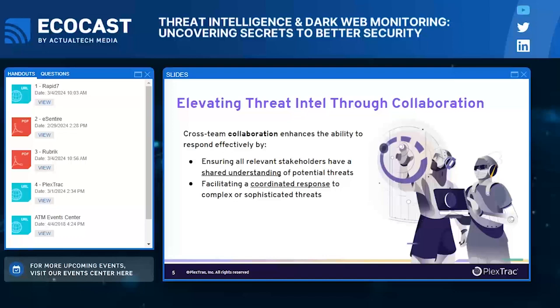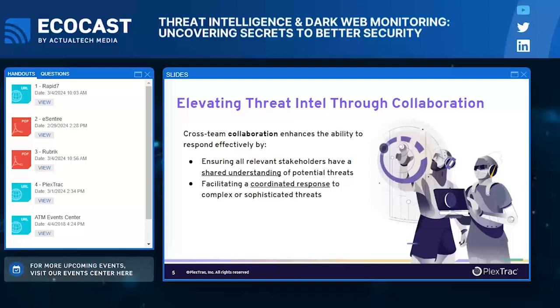Now the final bit, and I think this is something that's very under-talked about, is that threat intelligence and dark web intelligence is a team sport. It impacts everything across all of your silos, from vulnerability management to the SOC, to incident response, to even the sysadmin, to your engineers, your application engineers, whatever types of categorization of silos you have, all of them are impacted in some way, or can benefit in some way from having this data.